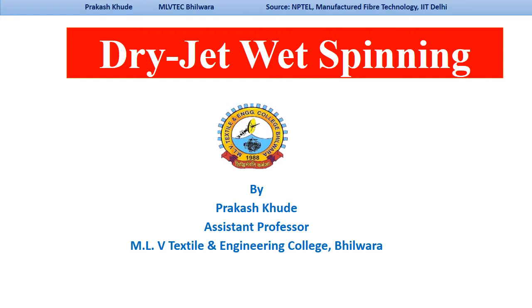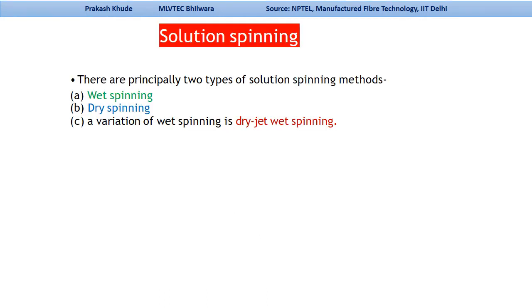Today we will discuss the dry jet wet spinning systems. In the last lecture we discussed the wet spinning system and the dry spinning system. So how is it different from the dry and wet spinning systems?